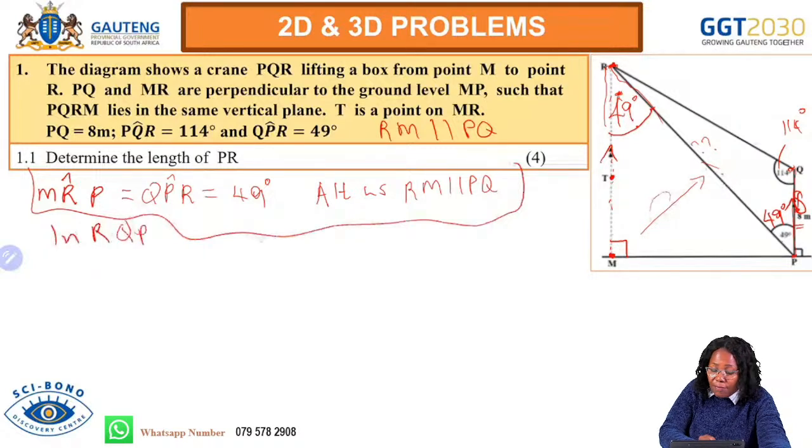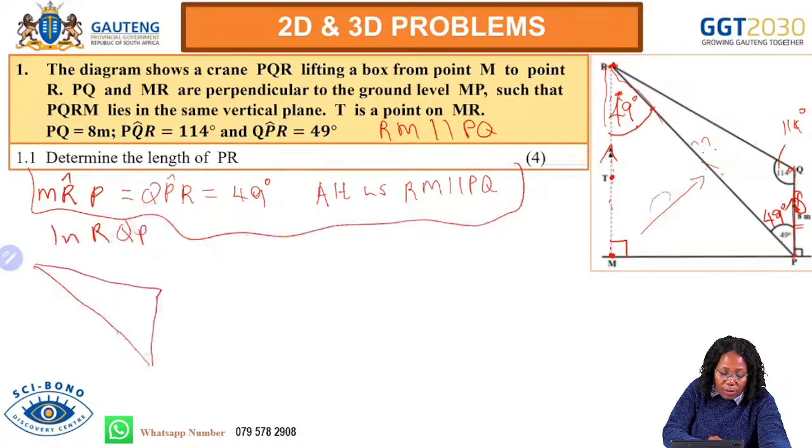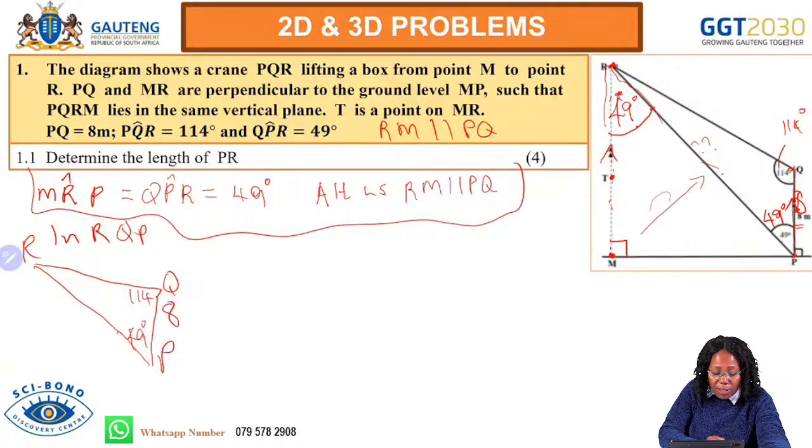RQP. We can even redraw the triangle to have a sense around this. And then we have Q there, we have P, we have R, and then we have 114 there, and we have 49 degrees here, and this side is 8 meters, and we need to calculate that side here. So in this triangle, can you see that? We have angle Q 114, and that angle down there, P, is 49.